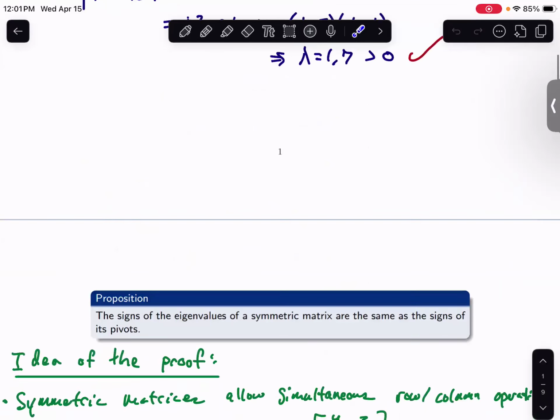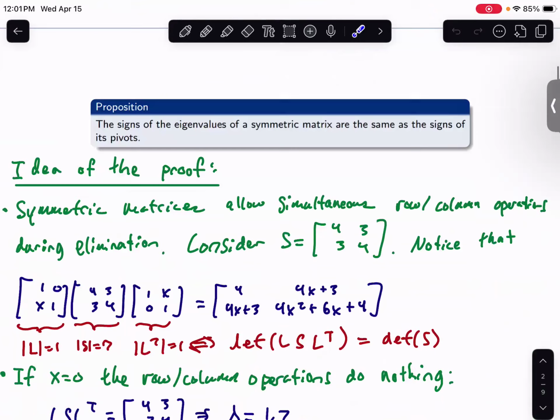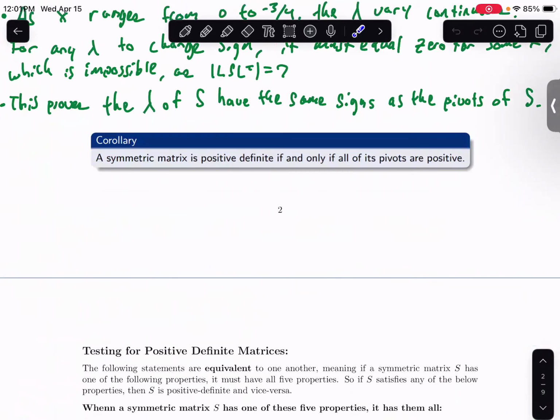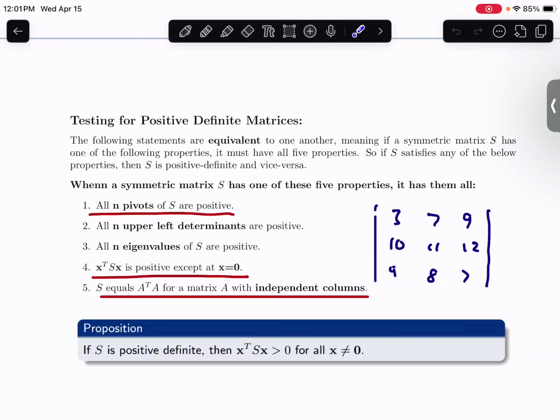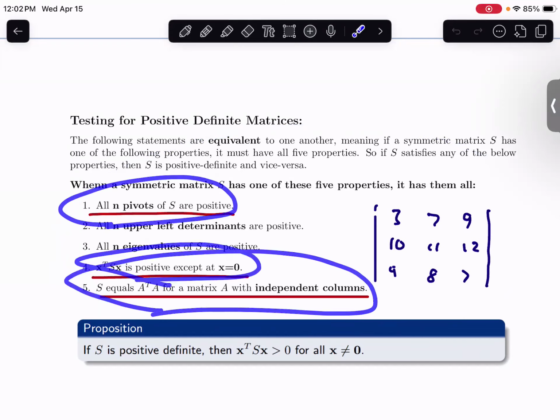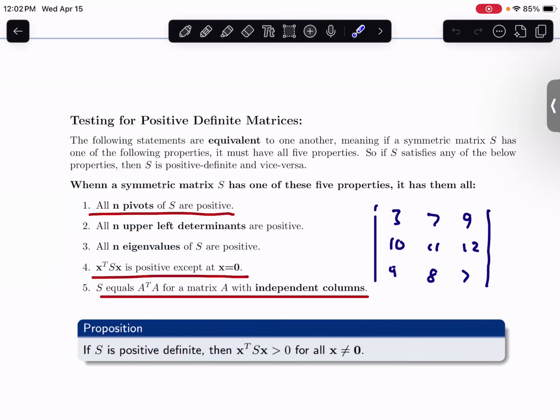Where I was moving, at the end of the lecture on Monday, is that there are other ways of determining whether or not your matrix is positive definite. There are 5 major ways of thinking about positive definiteness. I originally underlined the first, the fourth, and the fifth to illuminate their importance.